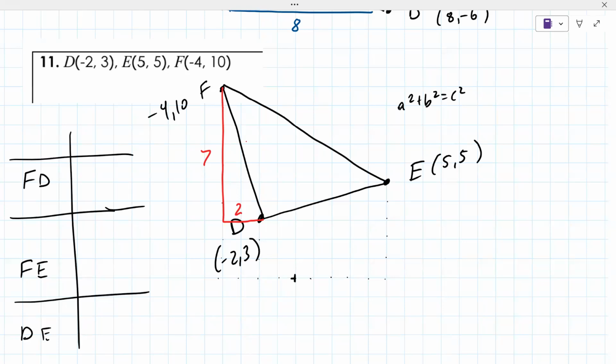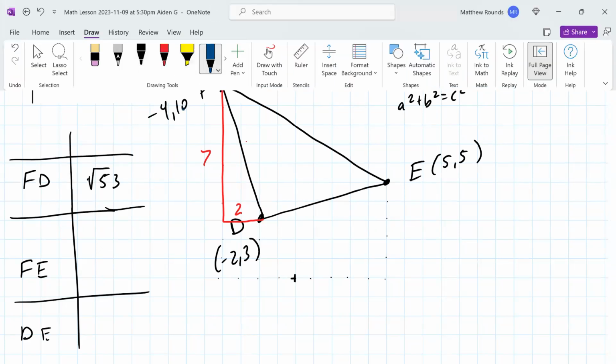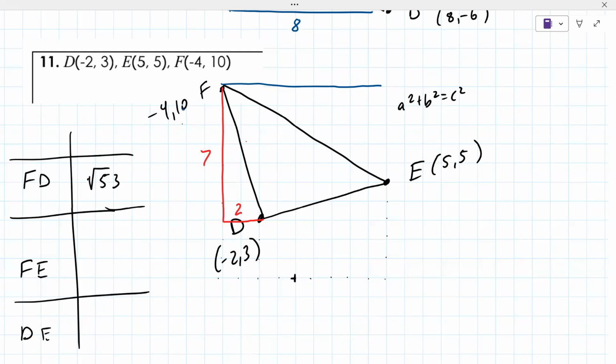So is it 2 and 7? Can be, yeah. The legs are interchangeable. It would be the square root of 53. Okay, agreed. And then let's go F to E. So that's this triangle here.